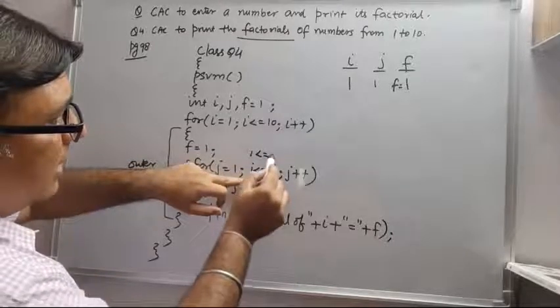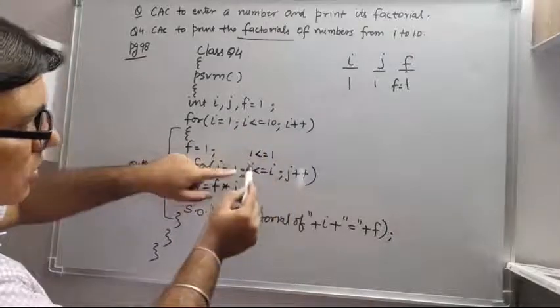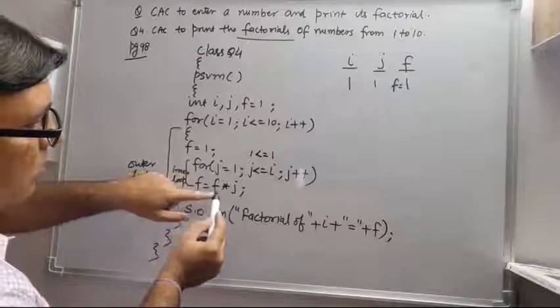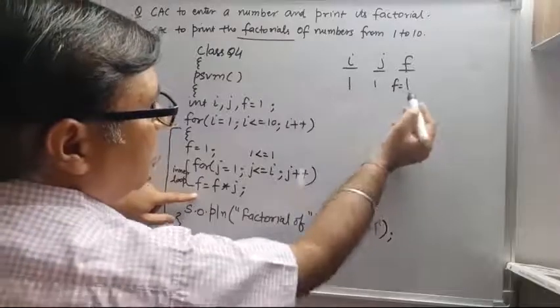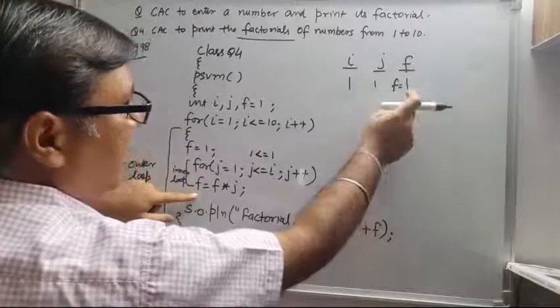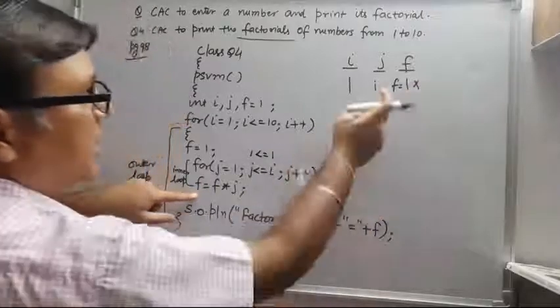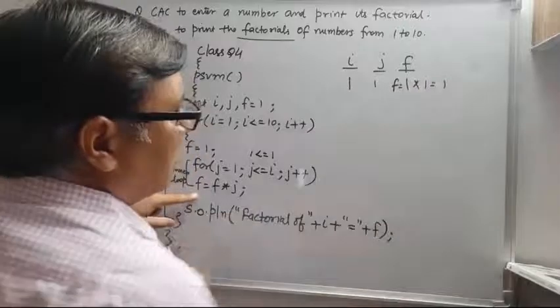What is i? i is 1. This condition is true, so it will move forward and calculate f. f = f * j. What is f? That is 1, into j. What is j? That is also 1. So the value of f is 1.